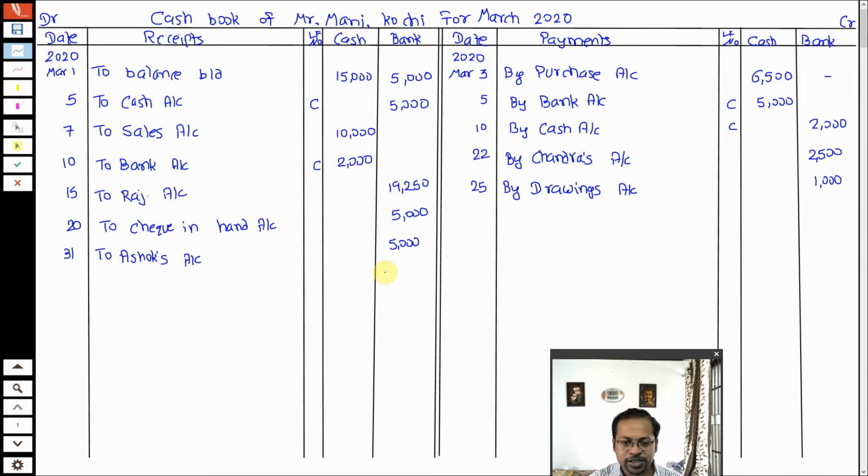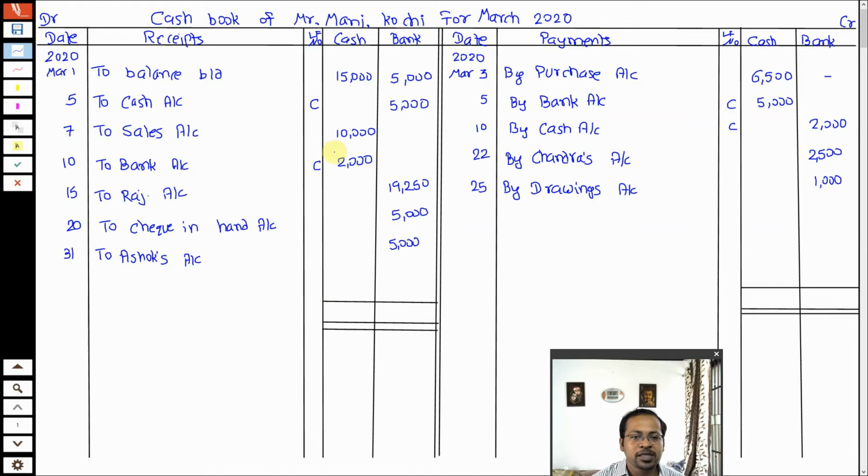Now we have covered all the transactions. So we need to close the cash book and find the closing balance. So here I will prepare these three lines like this to write the total amount of that column. We start with cash. In cash account we know that debit side is always more.